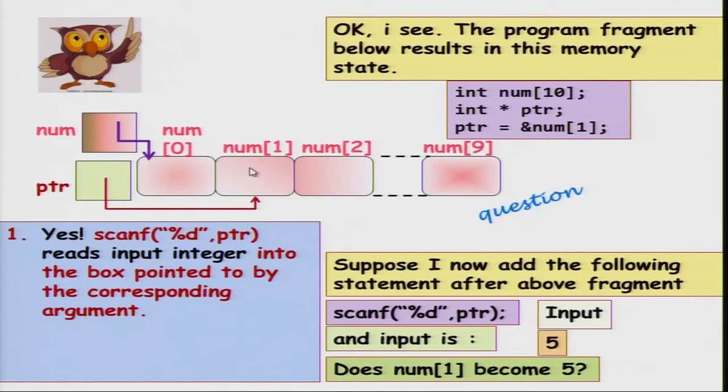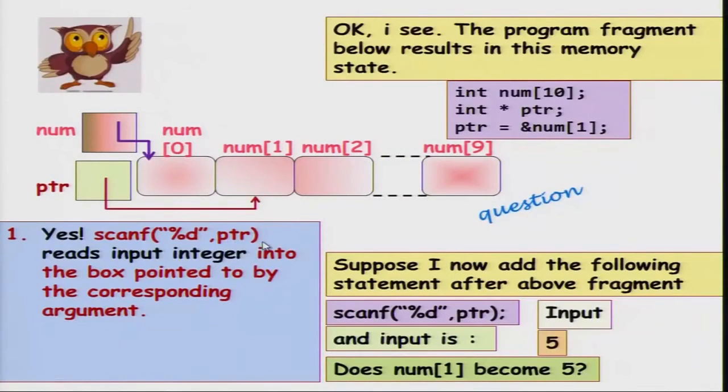Okay. So, now we can clarify a long standing mystery, which is the AND operator in the case of scanf. So, we can say that scanf's second argument is a pointer, okay, which says where should I put the input by the user.